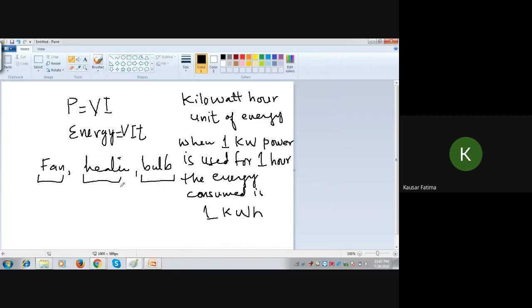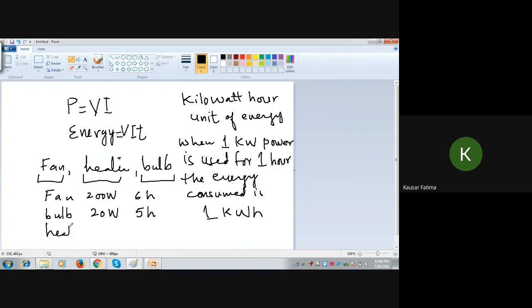Suppose you are using only these three appliances, and you know the duration and the power. Like the fan, 200 watt, used for 6 hours. Bulb, suppose 20 watt. If there are two bulbs you will multiply, and suppose they are used for 5 hours.